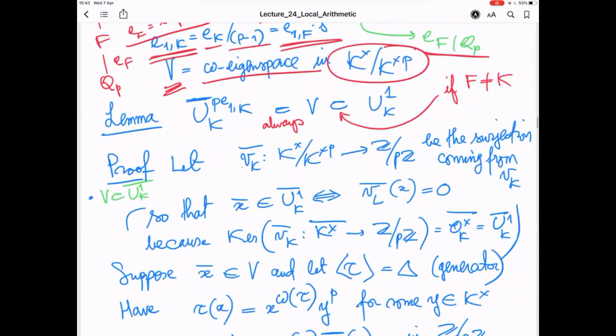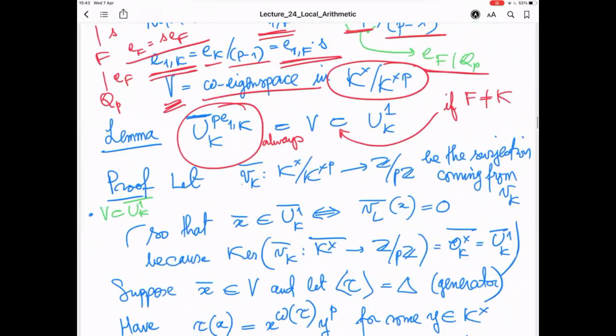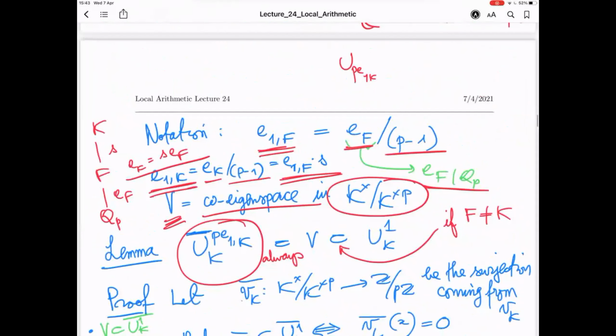So the first observation is that this space, which I've been earlier calling UPE1K bar, but now I want to indicate K here, because when I write U1 bar, do I mean UK1 bar or UF1 bar or what?